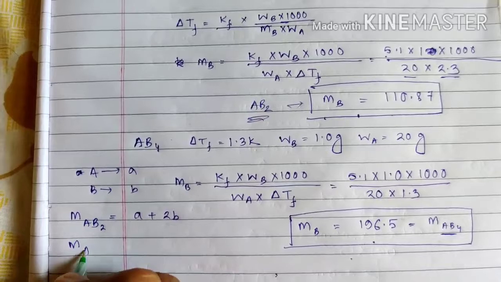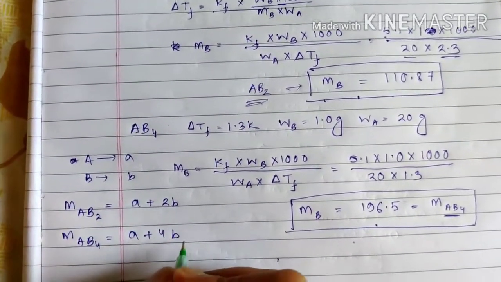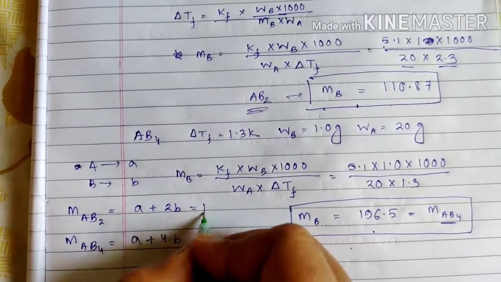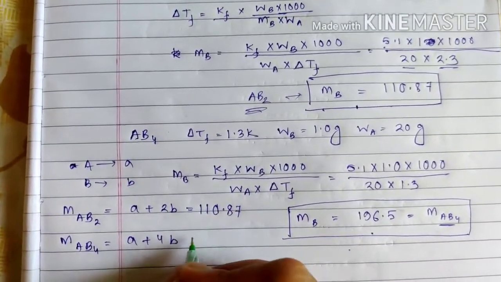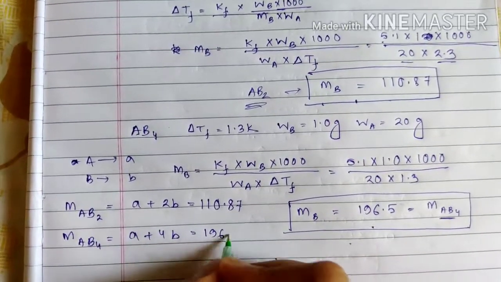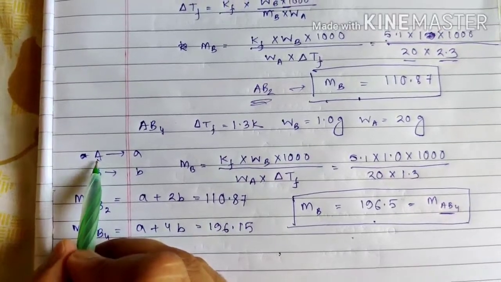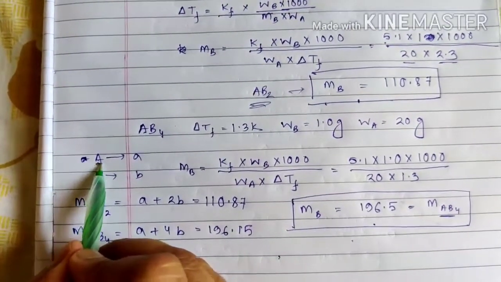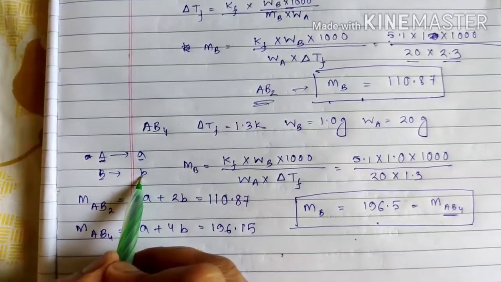So for the molecular mass of AB4, it should be a plus 4b. Now this is equal to its molecular mass, which is 110.87 for AB2, and here it is equal to 196.15.